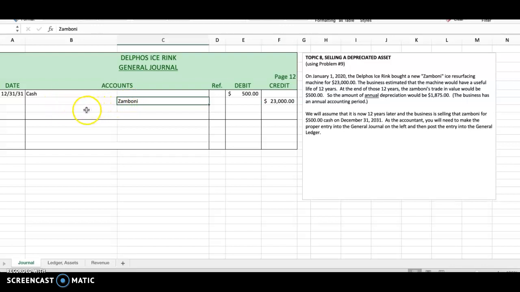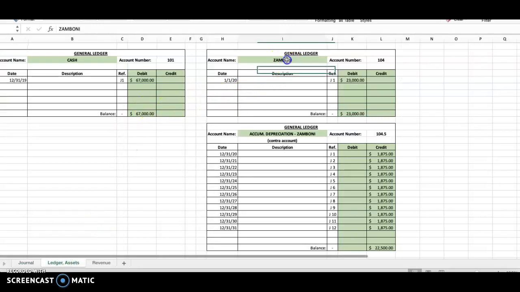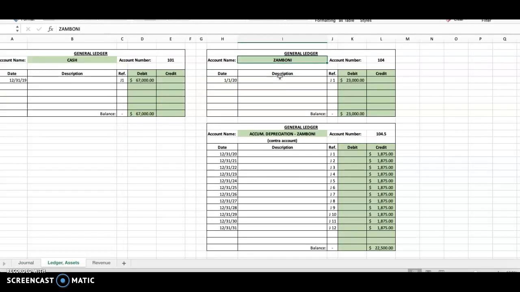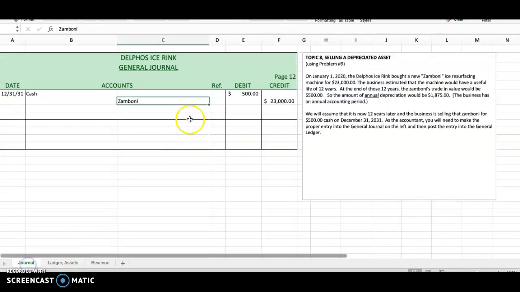Sometimes accountants say it's clearing an account. We no longer have this Zamboni. So in the ledger, we have this account that we've had since 2020, showing a debit balance of $23,000. We want to close that account. We want that account to be zero because we no longer own the Zamboni. So we need a credit in the journal to the Zamboni account.